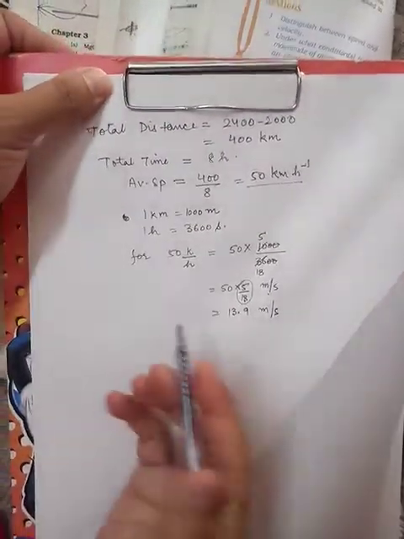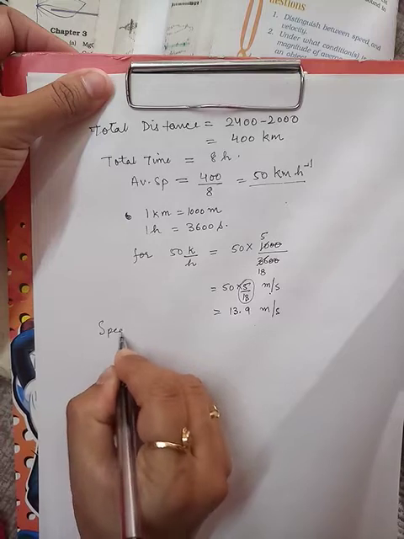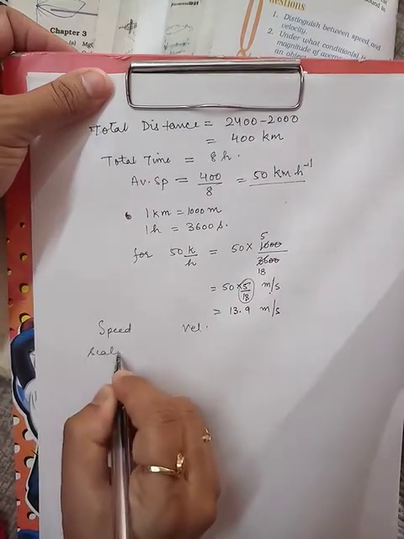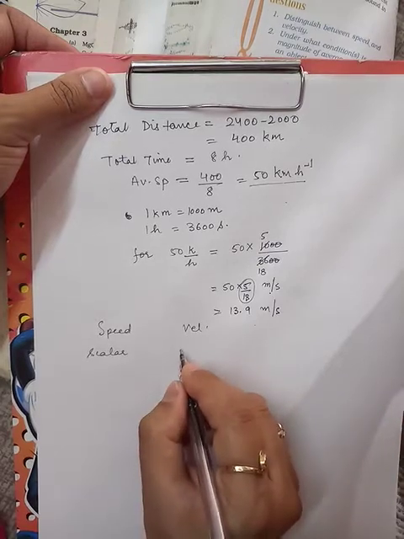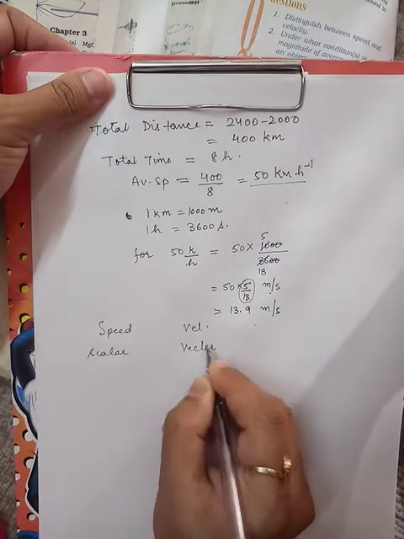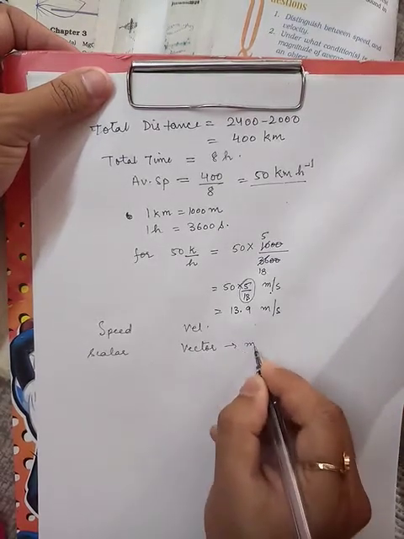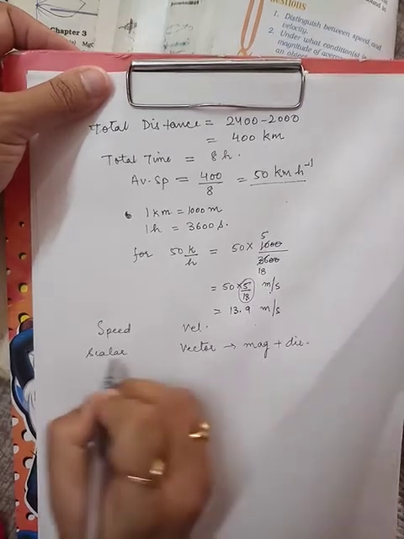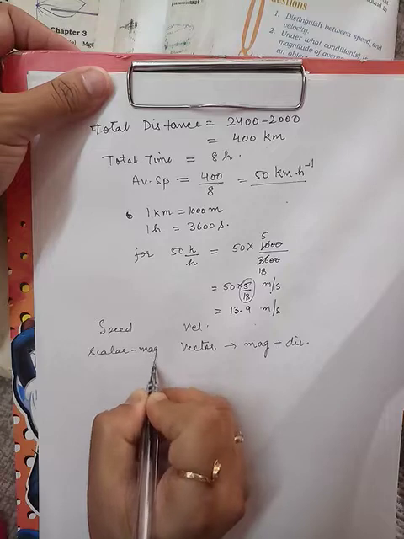Speed is a scalar quantity and velocity is a vector quantity. Why? Because velocity has magnitude as well as direction, while speed has only magnitude value.